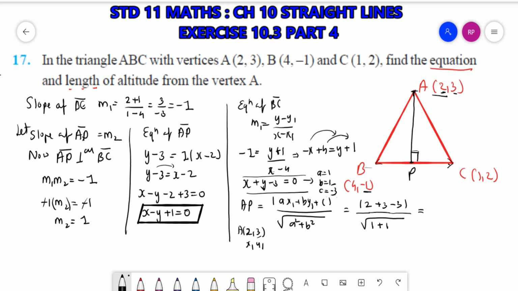So that will be equal to modulus of 2, that is 2 by root 2, and so this will be equal to root 2 units.